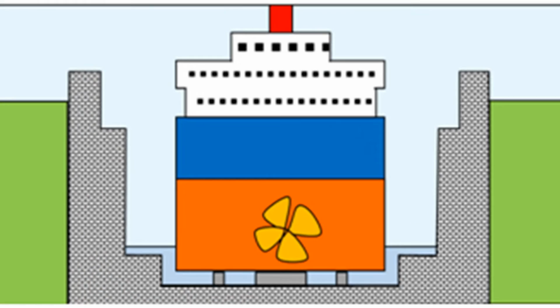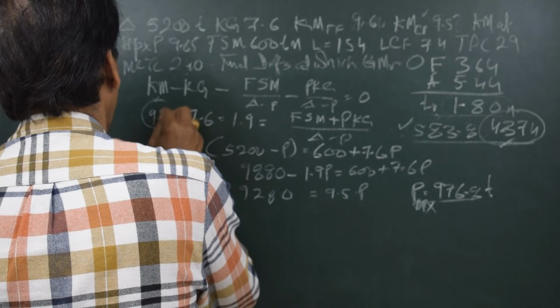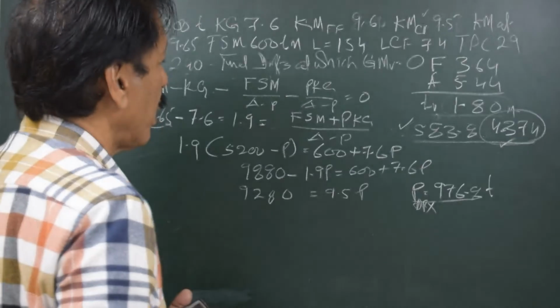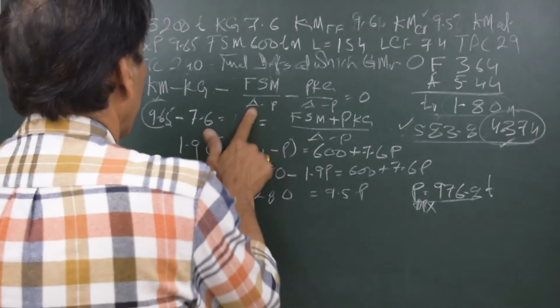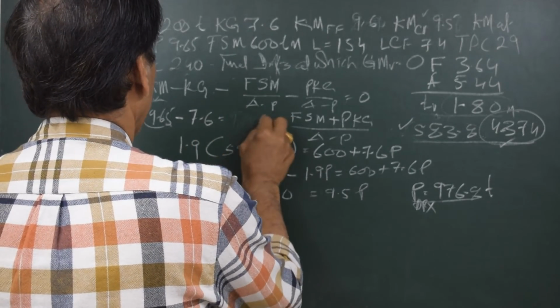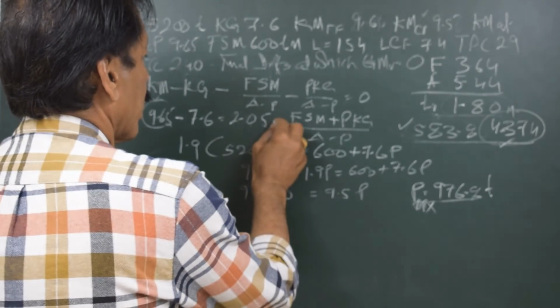In the same equation, instead of 9.5, if I put 9.65, then the difference would become 2.05, right?